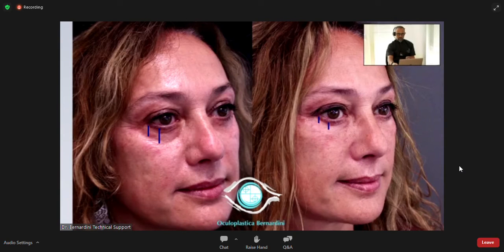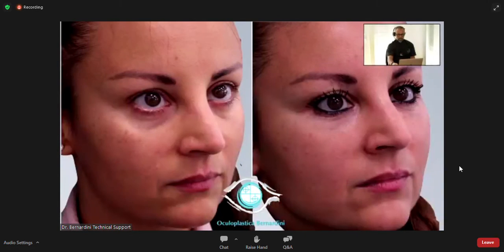You see the clinical defect, and the reduction of those lines is huge. It's very impactful, and you see it again. The defect highlighted here at these two reference points before and after, and you see how much shorter those lines are.